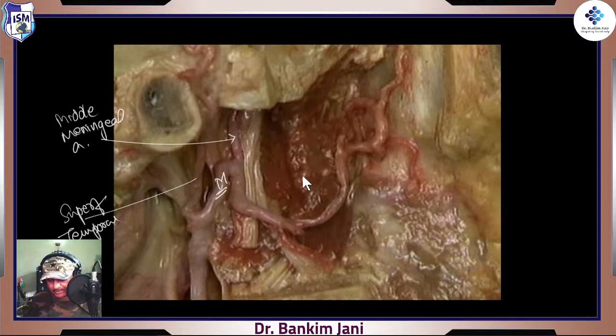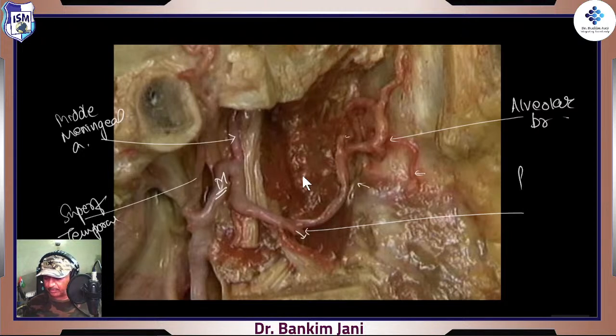Then you see that there are so many other branches which are going, collectively called alveolar branches. Plus, there are a few arteries which have been cut. They are for the muscles of mastication.